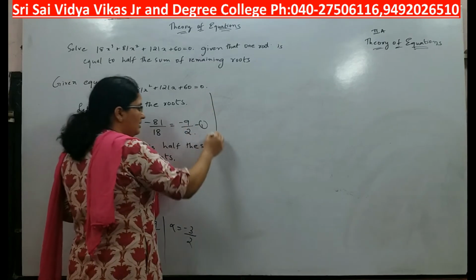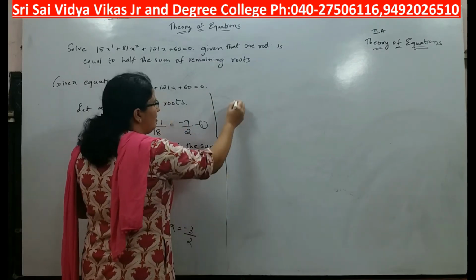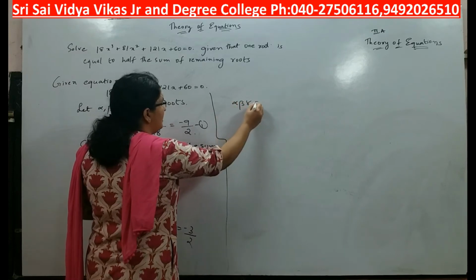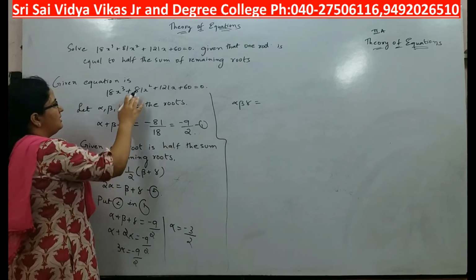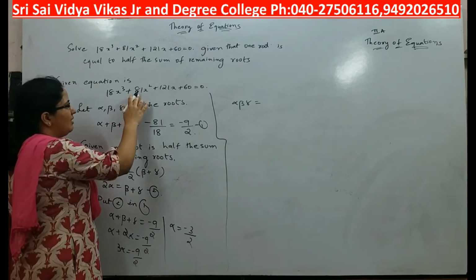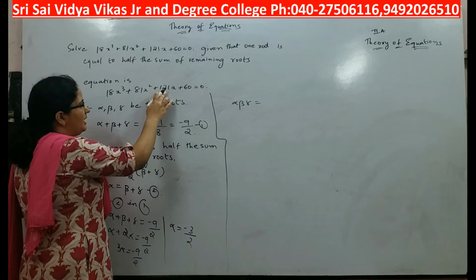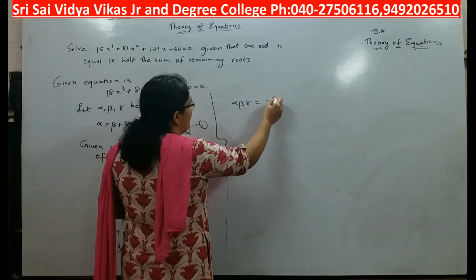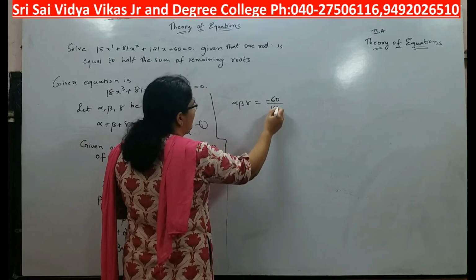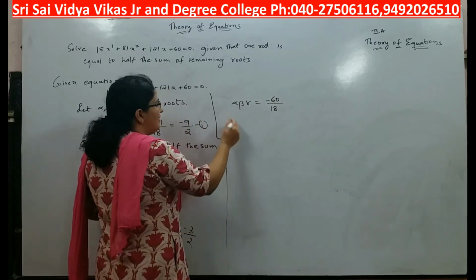Now, product of roots alpha, beta, gamma is equal to what? This is minus a3 by a0, that is minus 60 by 18. Now, what is alpha that we got?